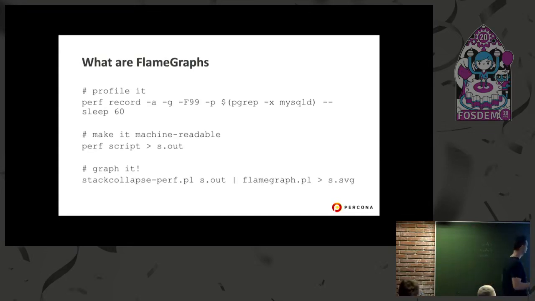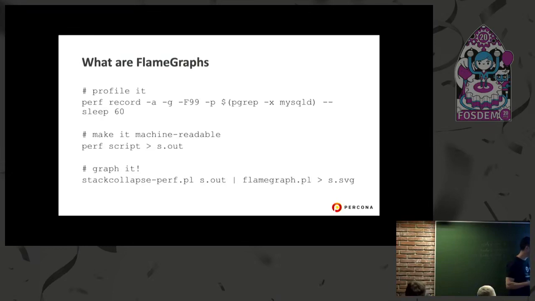And what does perf record do? -a means that we are going to profile all the CPUs, and -g, we are going to capture call graphs or stack traces. -F 99 means the frequency, so we are profiling the CPUs at 99 Hertz.